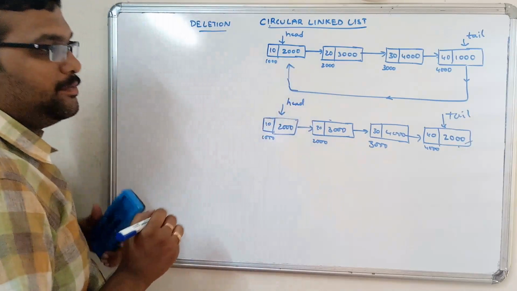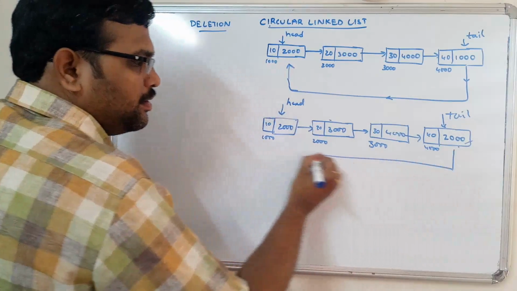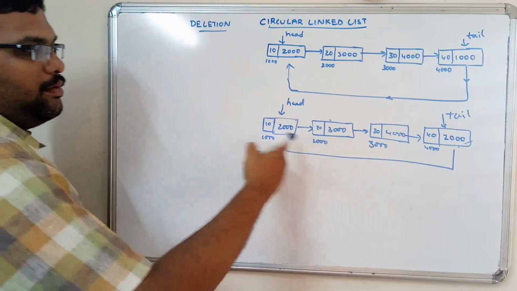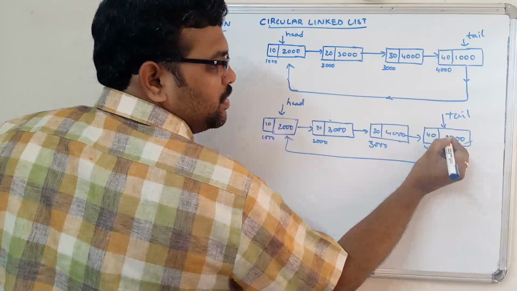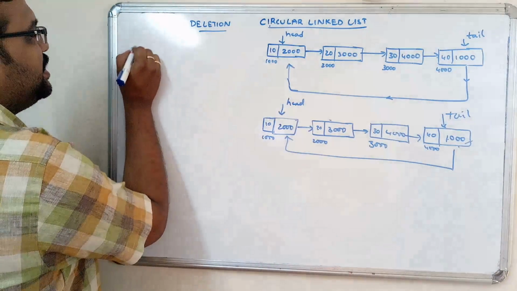See, here there is a link from here. It is 1000. It's not a 2000. It's 1000. Right.